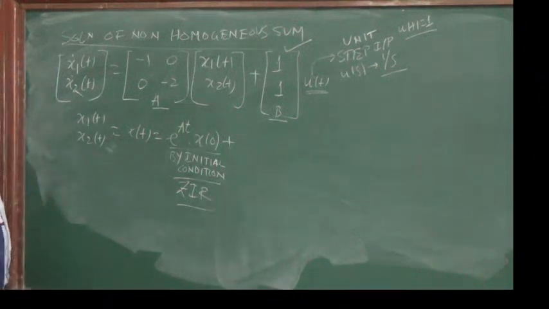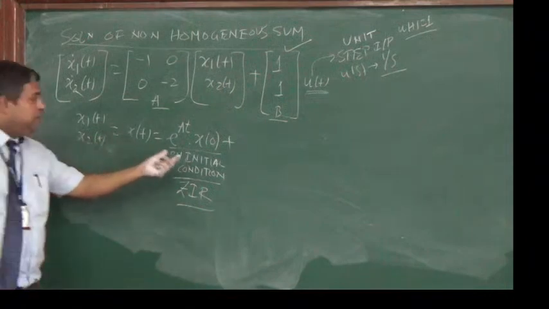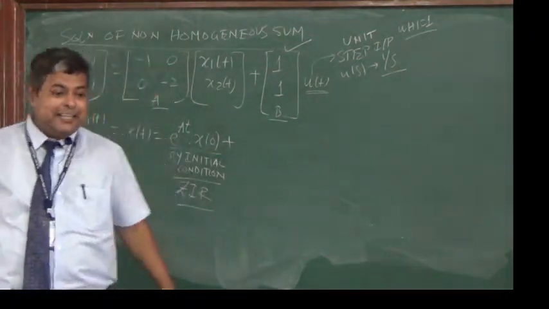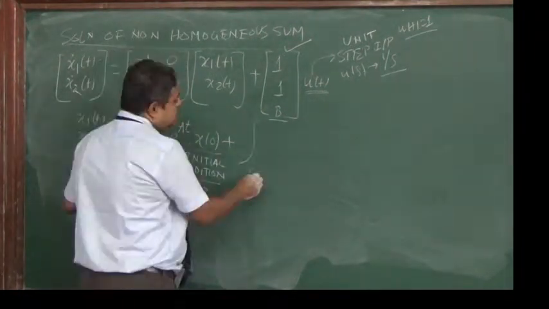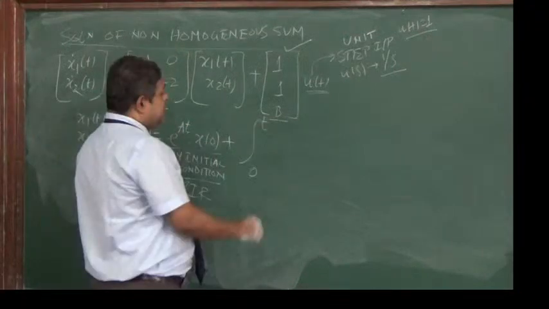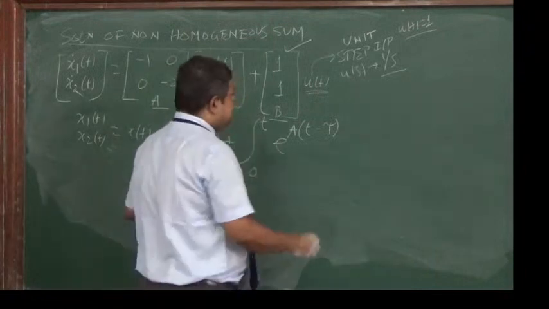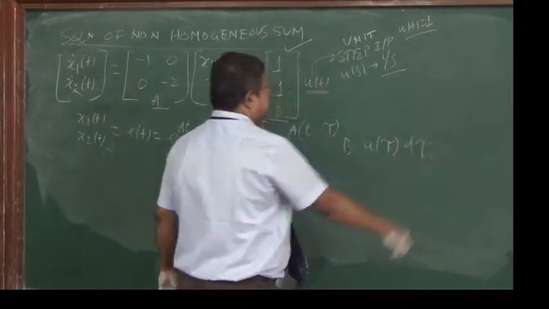That we are supposed to find out. So x1(t) and x2(t) we are supposed to find out. The first part we get is e raised to At into x0. The second part is a little tricky. It is a kind of convolution, integral from 0 to t of e raised to A(t minus tau) B u(tau) d tau.